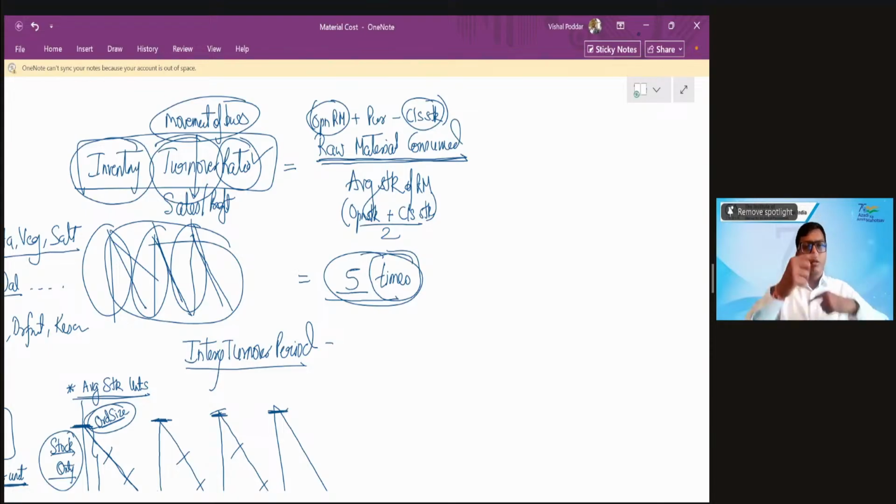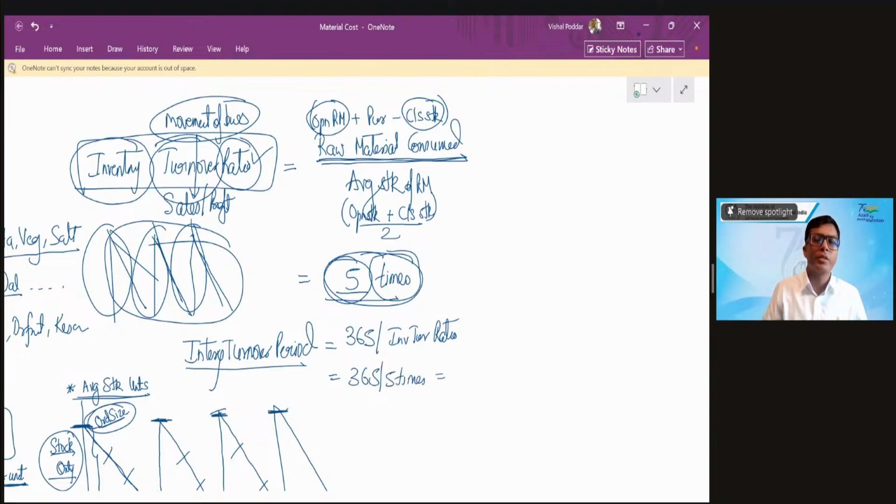Period means this rotation will happen after how many days. In other words, one cycle will require how many days? So the answer is 365 upon inventory turnover ratio. So if my material is rotating 5 times in a year, after a gap of how many days is it going to rotate? This is what I will get here.